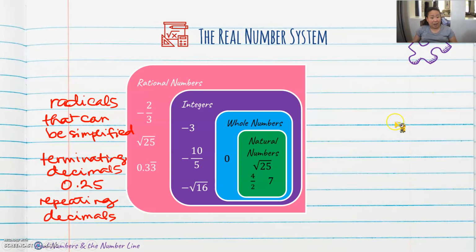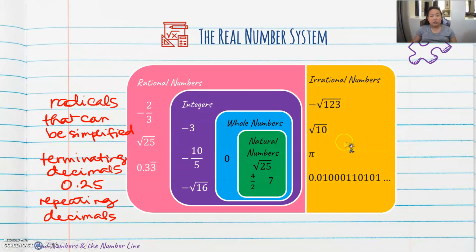Now there are radicals, and there are radicals that are considered as irrational numbers. What's the difference? Okay? Here, if the radical can be simplified, it is a rational number. You can get a specific value. In the other case, for example, the square root of 10, you cannot get the exact value of the square root of 10.